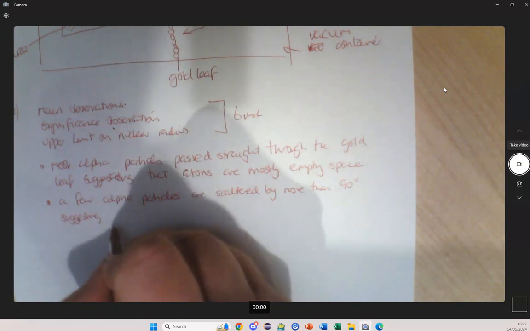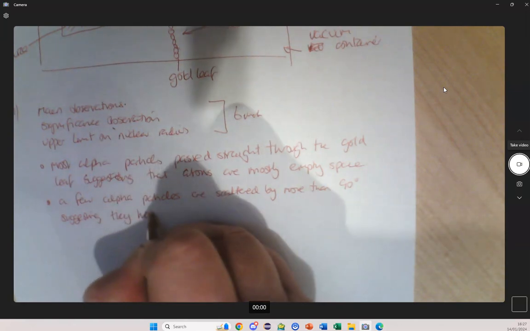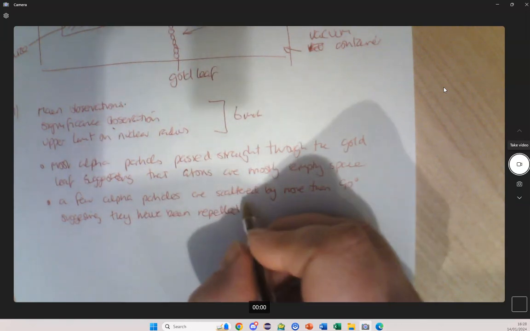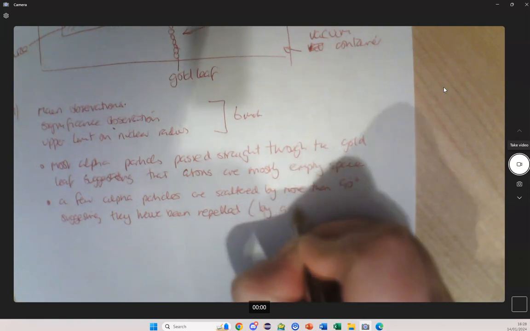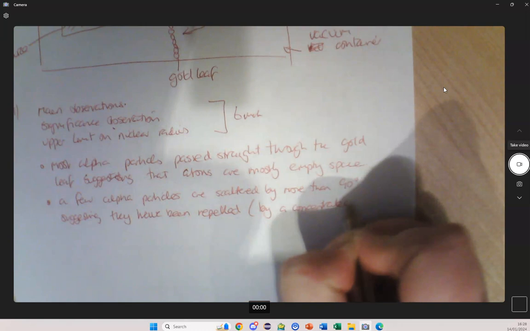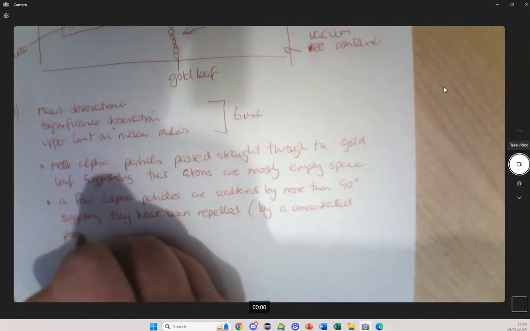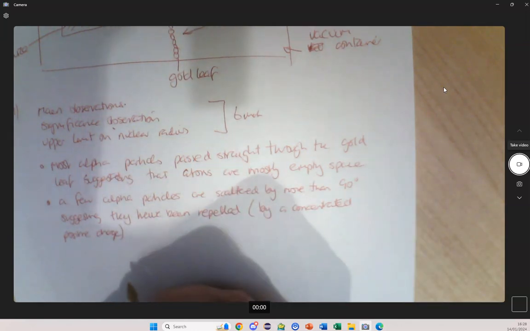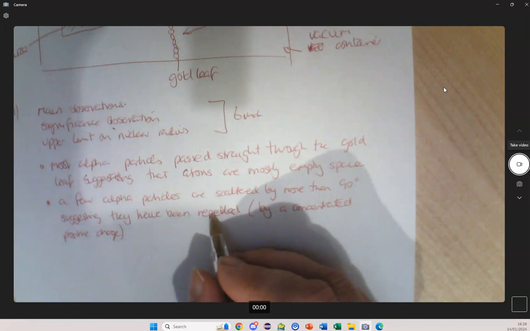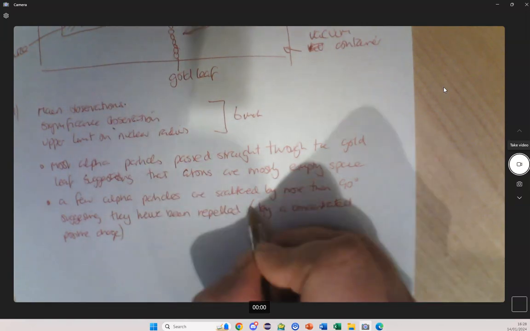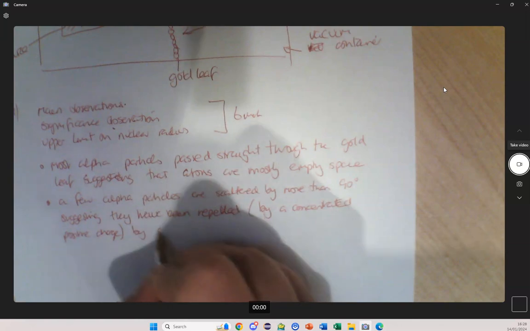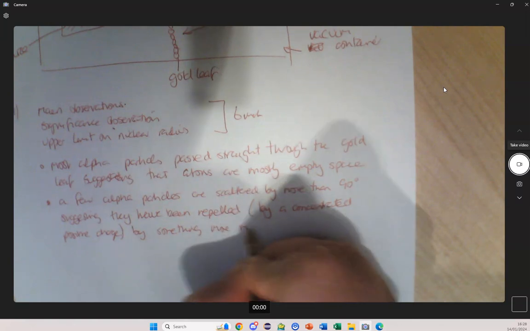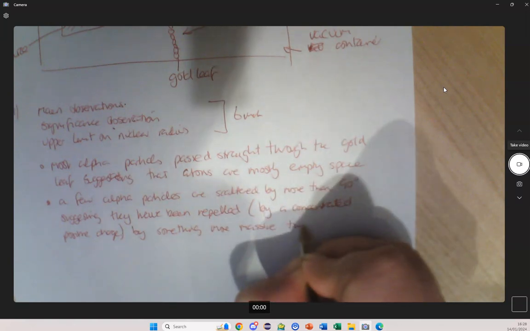It's suggesting they have been repelled by a concentrated positive charge, because it has to be positive charge to repel an alpha particle that is positive. They've been repelled by something more massive than themselves.